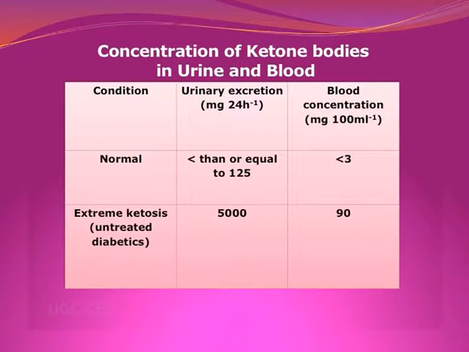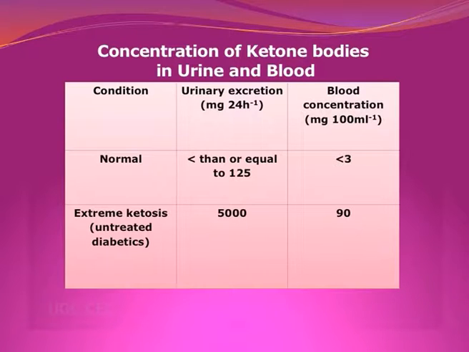This chart will show you the normal and the abnormal concentrations of the ketone bodies that are secreted through our urine in milligrams in 24 hours. In normal individuals, the value is less than or equal to 125 mg per day.